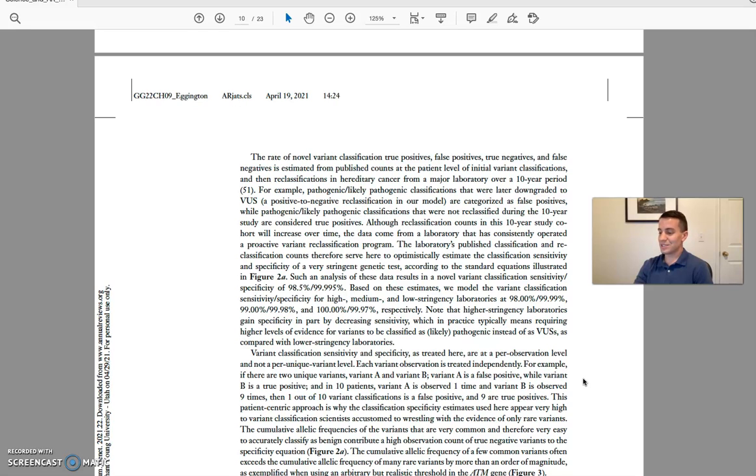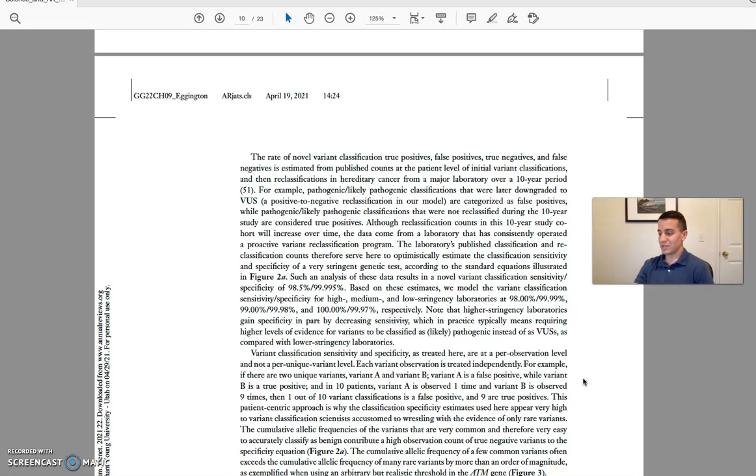Such an analysis of these data results in a novel variant classification sensitivity and specificity of 98.5% sensitivity and 99.995% specificity.